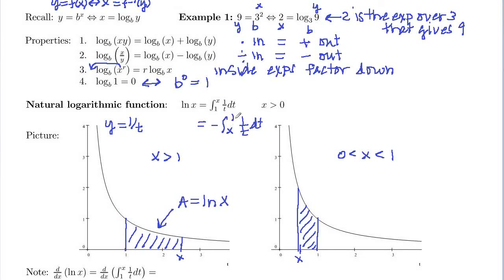This is smaller to larger here. This is area. So your natural log is the negative of area in this case. ln of x is the negative of that area. So if x is less than 1, your log values are negative. If x is bigger than 1, your log values are positive.